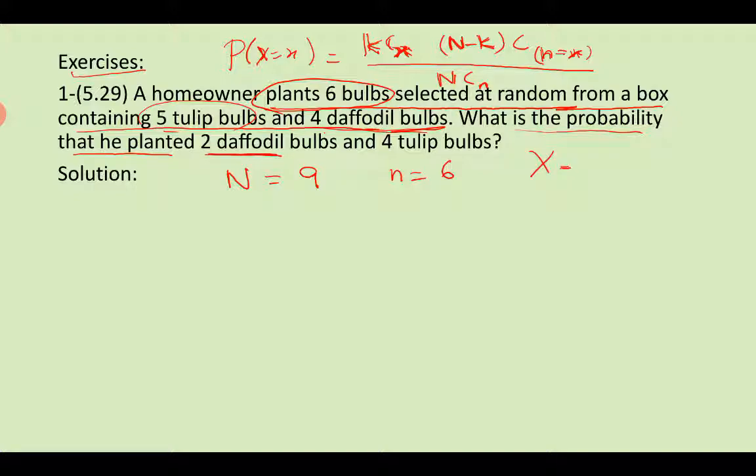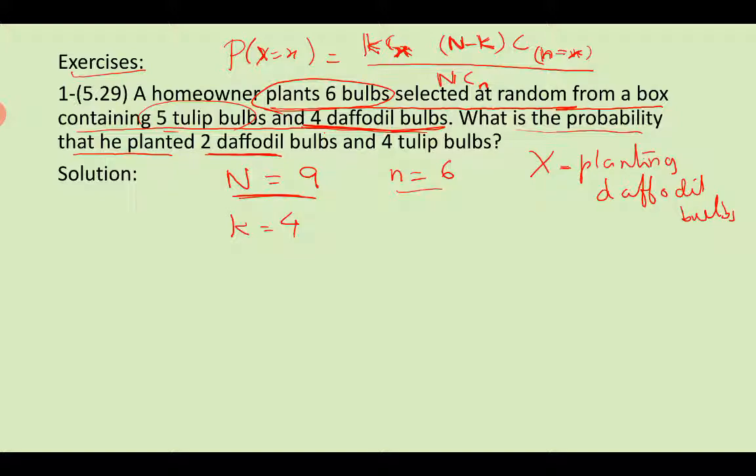So success is daffodil. Capital X is the number of daffodil bulbs planted. How many successes are there in this N? That is our K. How many daffodil out of 9 bulbs? 4. K is 4.